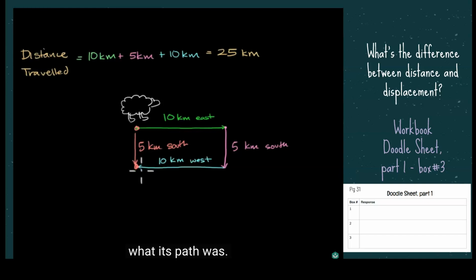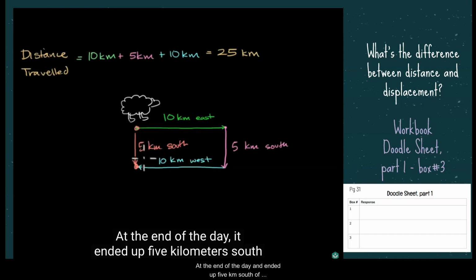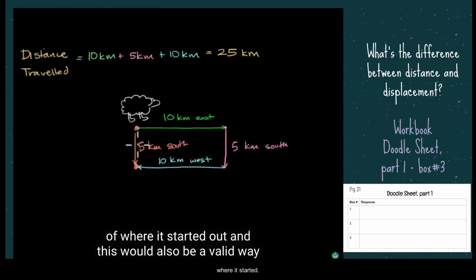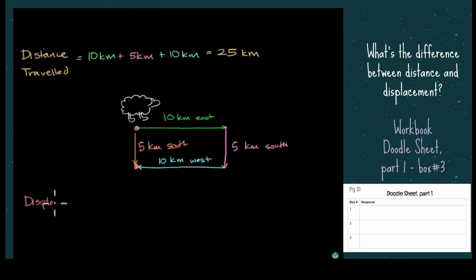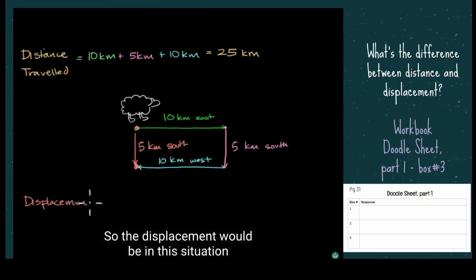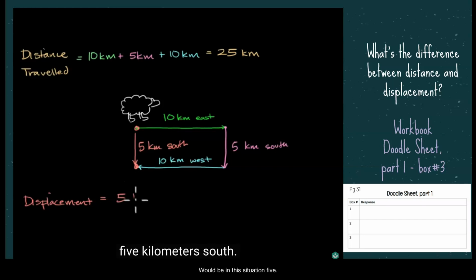At the end of the day, it ended up 5 kilometers south of where it started. This would also be a valid way of saying how far it traveled, and this notion is known as displacement. So the displacement in this situation would be 5 kilometers south.